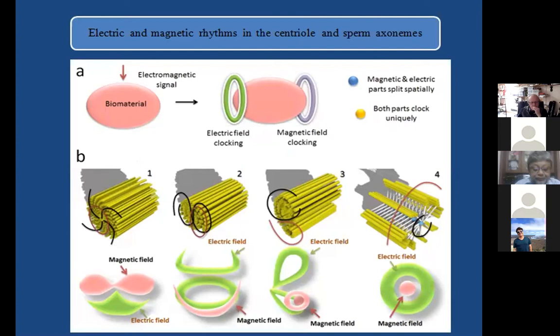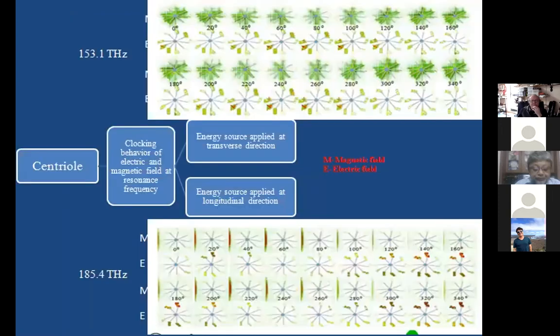They are distributed differently, but I do not have time to discuss that. The very important property is that they are localized in different manners, the electric and magnetic field inside the biomaterials in living creatures. We will be happy to discuss that later on.